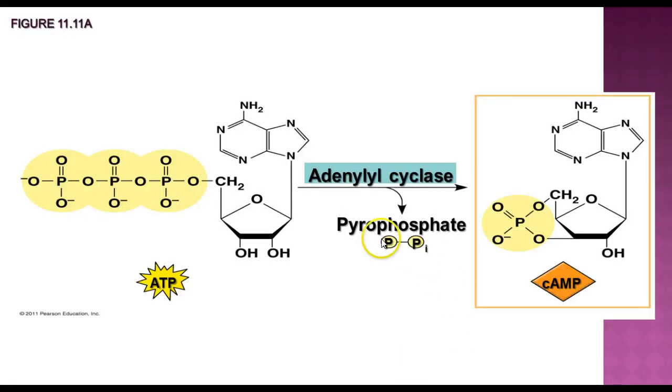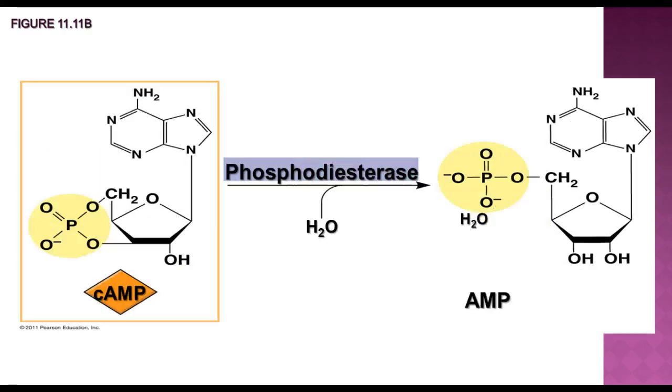So here we see that adenylyl cyclase removes the pyrophosphate, the 2 phosphates there, and leaves us the 1 phosphate, which then forms an ester bond with the number 3 carbon in the ribose sugar part of the adenosine part of the molecule.